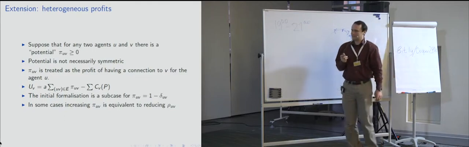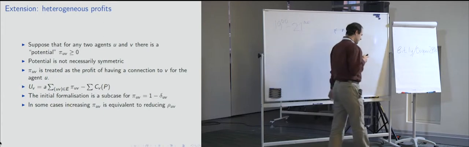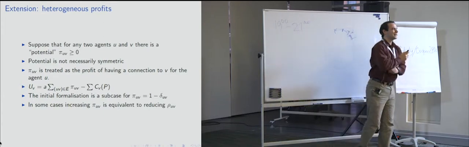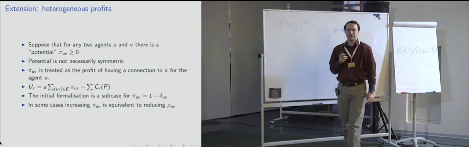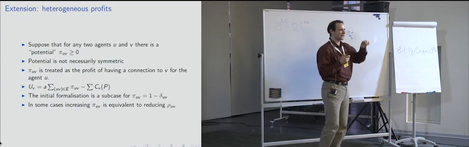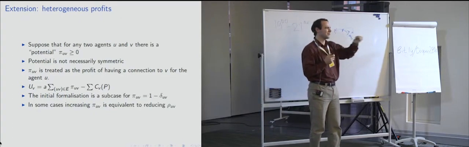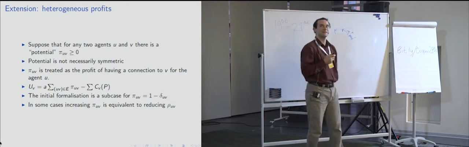Okay, so we also have some more ideas. Another idea is to make heterogeneous profits, so that not the cost depends on two agents, but the profit from a connection to an agent depends on the identities of these agents.